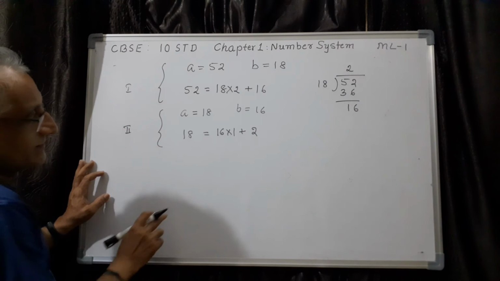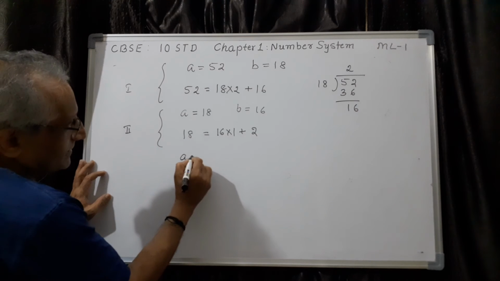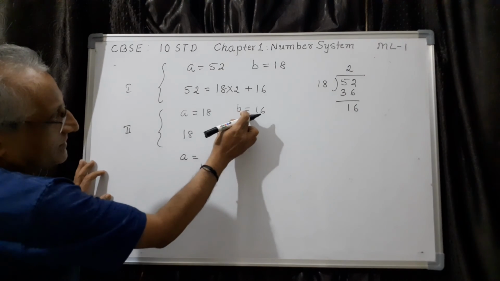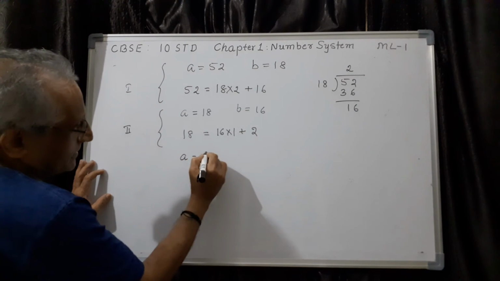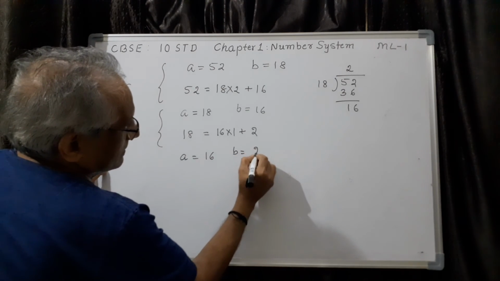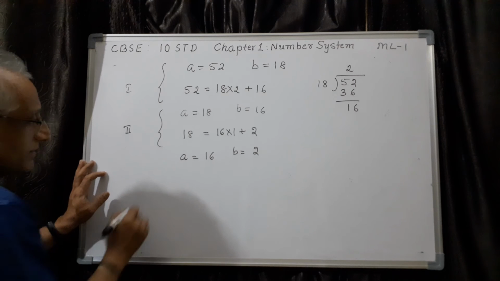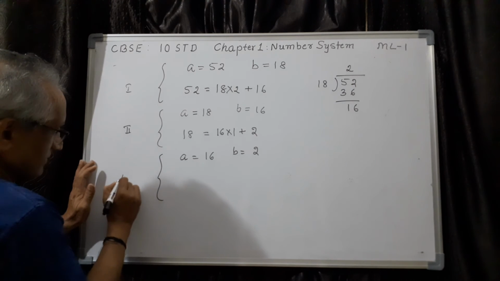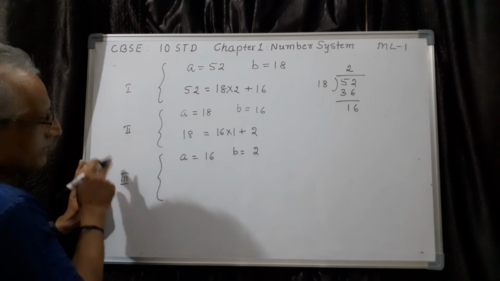Now what you have to do is, whatever is b here, that should be taken as a, so it is 16. Then whatever is the remainder, that you have to take as b. Once again, this is the third step actually, so we have to go up to 3 steps.